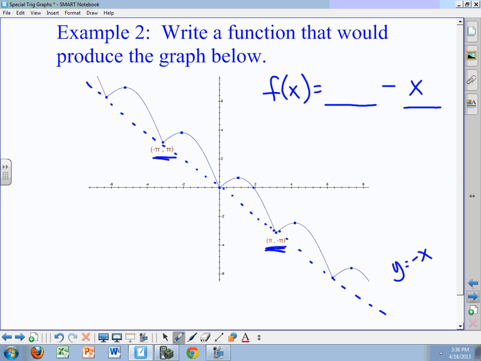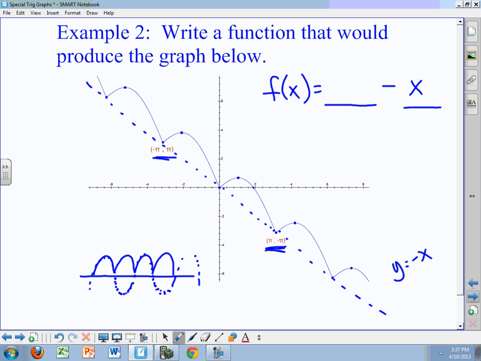The second thing I notice is that if you were to straighten the graph out and draw that this way, it would look kind of like the bouncing graph that we saw in class before, where that was simply a sine or cosine graph that was doing this, and then it was flipped up, or taking the absolute value of that.